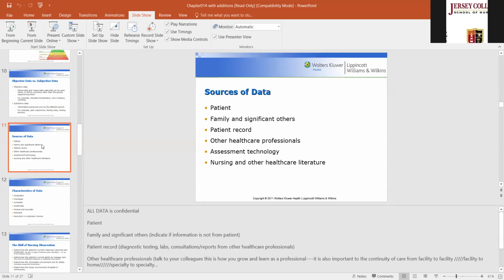But the best way to validate your biases and stuff is with another nurse. Now, if you're trying to validate information from a patient, you can ask them. And if it doesn't sound right or it doesn't correlate with how they're acting, then you might want to validate that information further. And then your diagnostic testing, your labs, your consults, and talking to other healthcare professionals and collaborating with them.